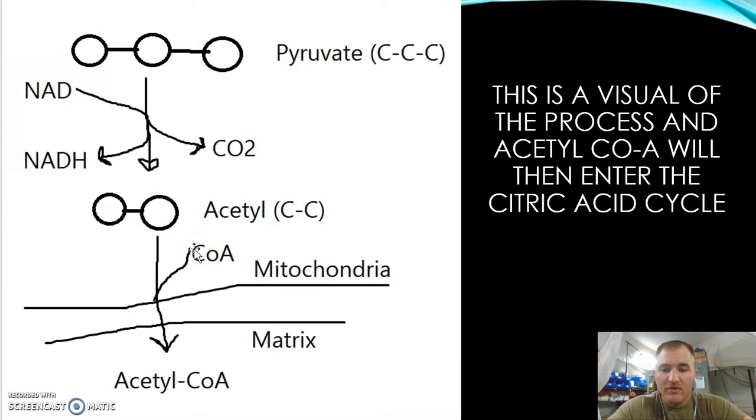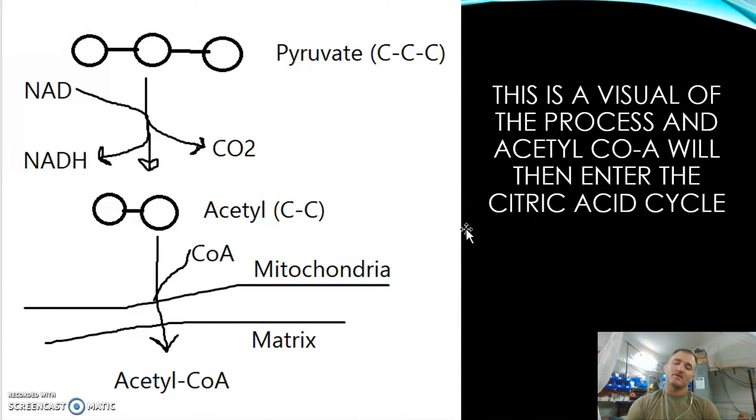For the semi-permeable membrane of the mitochondrial matrix, we basically need a ticket in. So coenzyme A is going to be our ticket through these structures, and the coenzyme A binds to the acetyl, and then we have acetyl-CoA. It's just a visual of how that's going to go down.